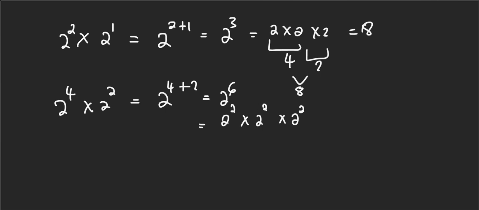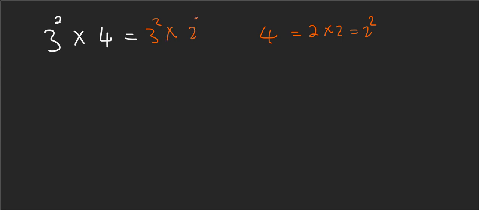So 2 squared is 4, and 2 squared is 4, and 2 squared is 4 again. 4 multiplied by 4 is 16, and 16 multiplied by 4 is 64. This is the answer for this expression. So if you are given an expression and the bases are the same, always add the exponents and keep the base.